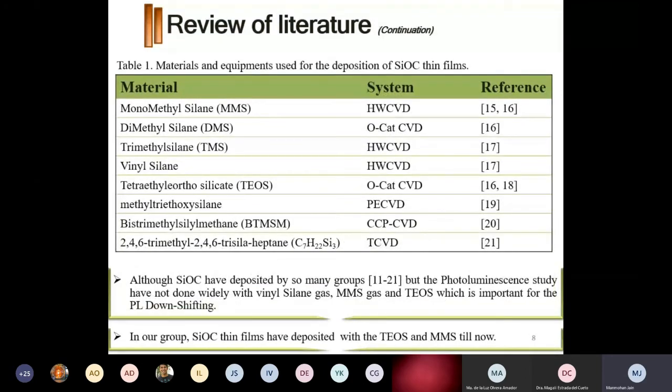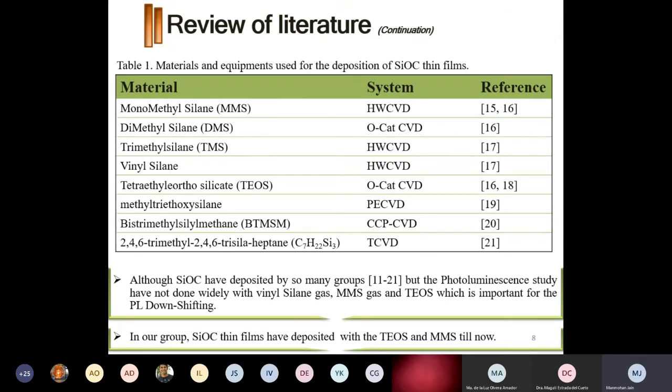If we talk about the deposition of silicon oxycarbide thin films and its material details, it has been deposited with monomethylsilane, dimethylsilane, and the other materials which I have shown in this list, with the help of respective systems.